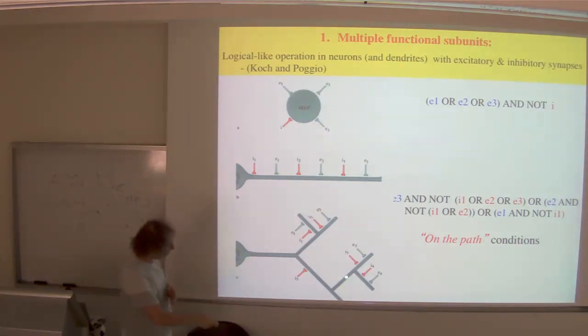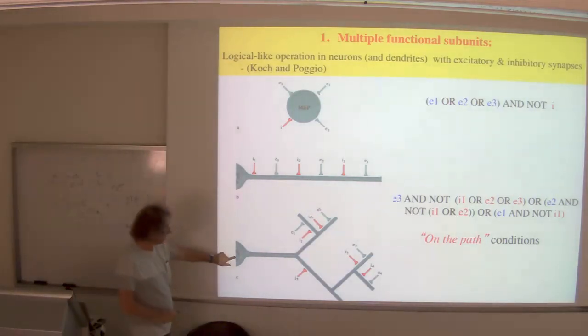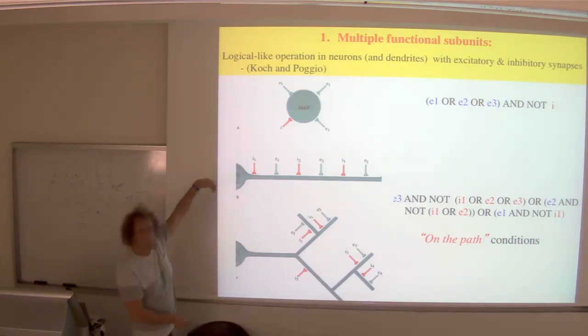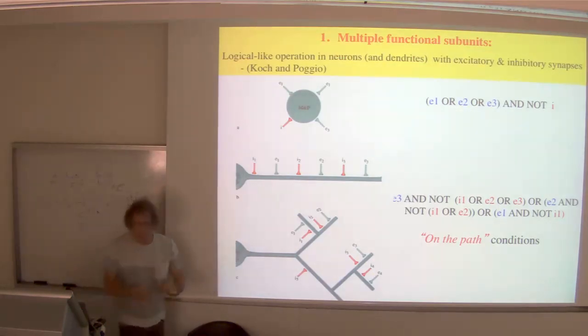If there is an inhibition on the path, it can veto all this, but it will not veto everything that goes here. So the location matters. And if I had an inhibition on the axon, then it would be a global veto, because I don't care where it comes from. I kill it on the spot where I want to generate an output, yes or no. So anyway, this is Koch and Poggio's logical operation ideas of single neurons due to geometry and location of things.